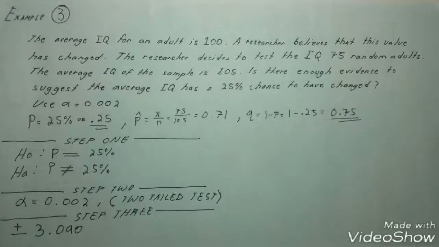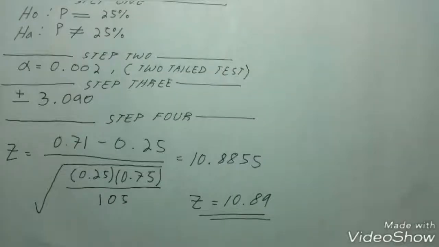In order to get step 3, we shall use alpha equal to 0.002 and find it in the t-table provided. So I find that 0.002 is equal to positive and negative 3.090. The reason why I write positive and negative 3.090 is that the question is identified as a two-tailed test. And in step 4, it is also just common sense because you will just plug the given into the formula.